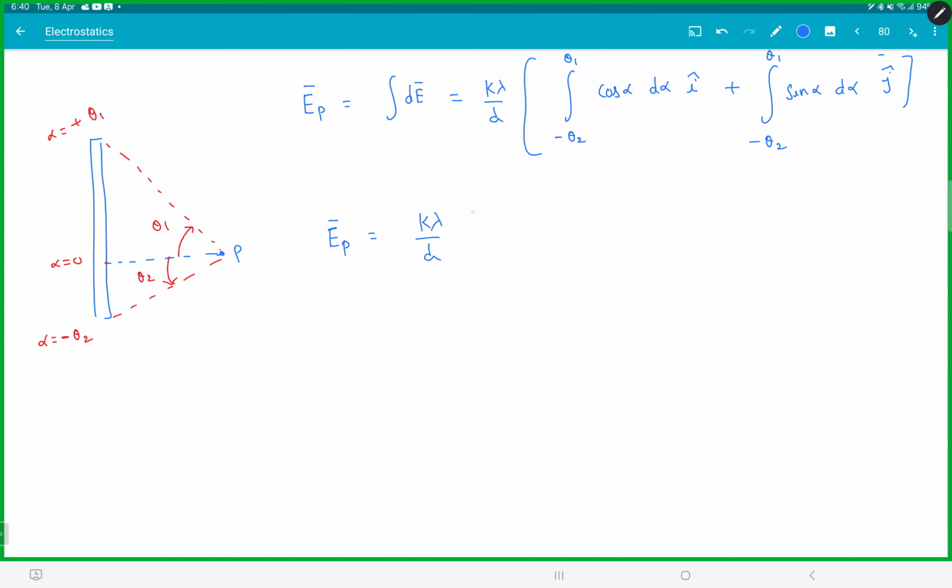K lambda by d: the integral of cos alpha is sine alpha. Put the limit: sine theta 1 minus of minus sine theta 2. That will become sine theta 1 plus sine theta 2 i cap.